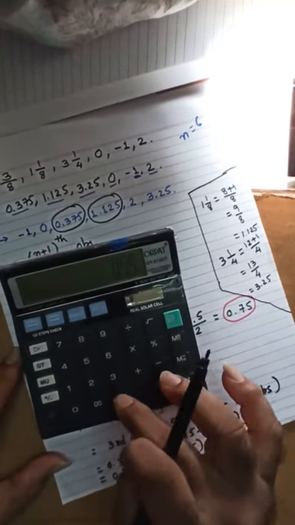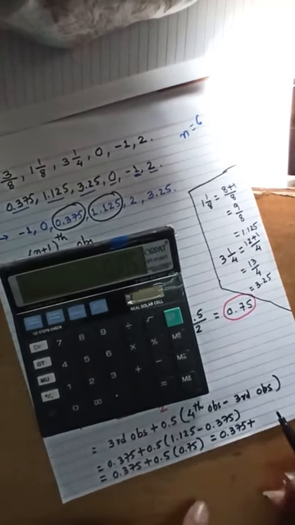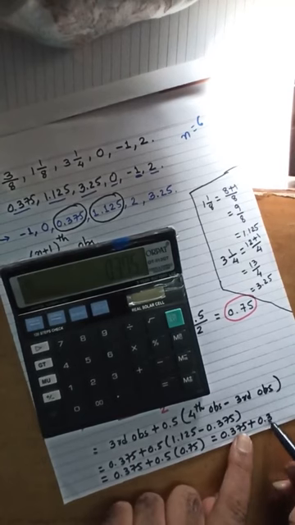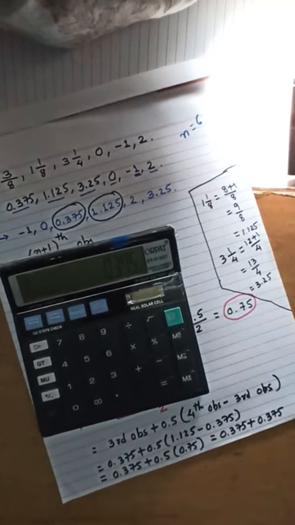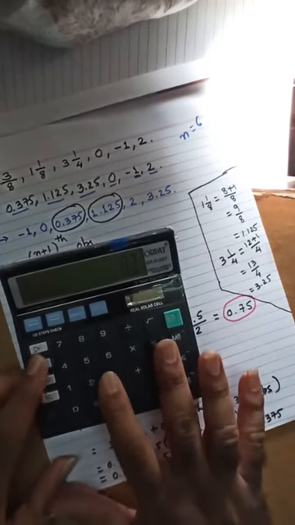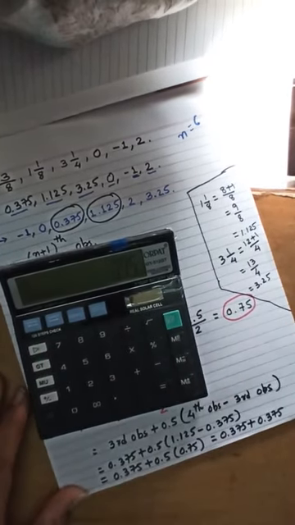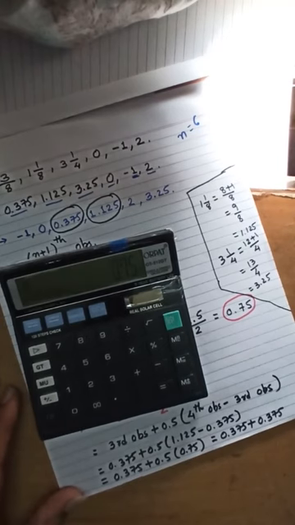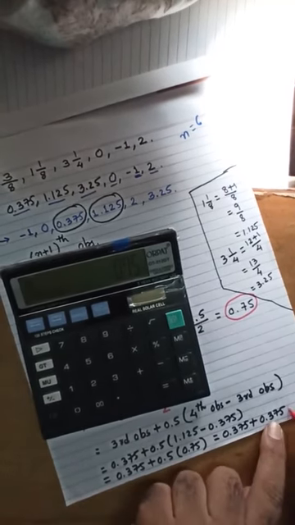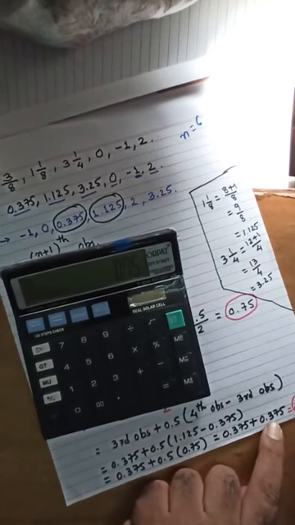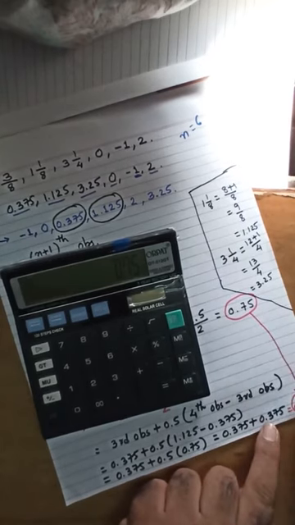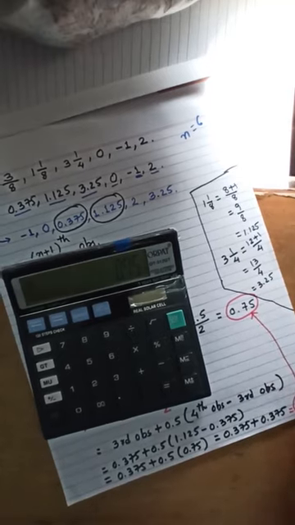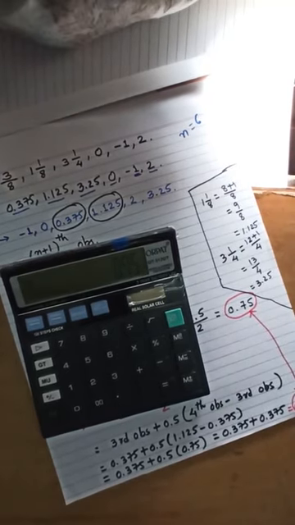So it will be multiplied with 0.5. And now 0.375 plus 0.375 is equal to 0.75. We got the same answer by both the methods. Okay, thank you.